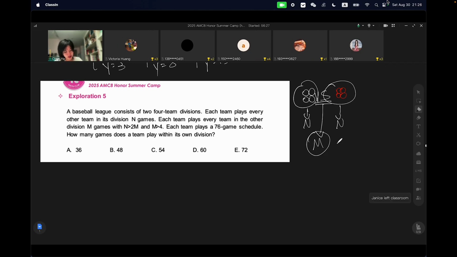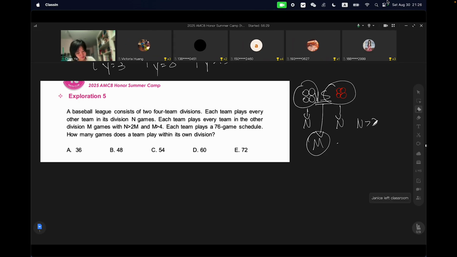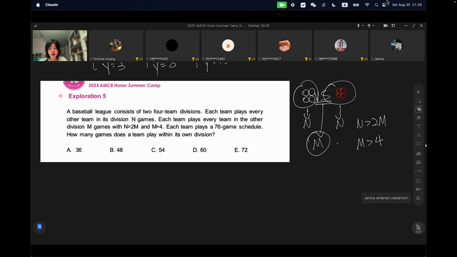And it says that n is larger than 2m and m is larger than 4. So each team plays a 76 game schedule. How many games does the team play within its own division? Firstly, let's break this problem down. One team would play 3n games in their division, because there are 3 other teams, and there are 4 teams in one division in total.